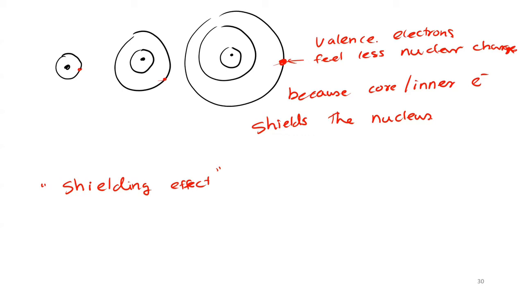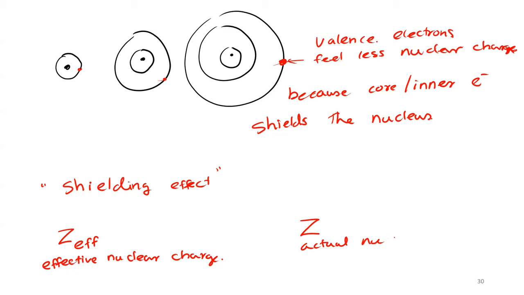Now, if you think about this Z I just mentioned, the effective nuclear charge, and the actual nuclear charge, what do you think is larger, the actual nuclear charge or the effective nuclear charge?